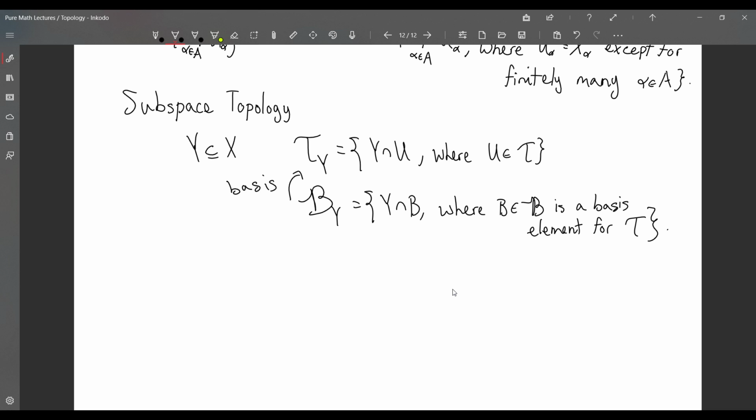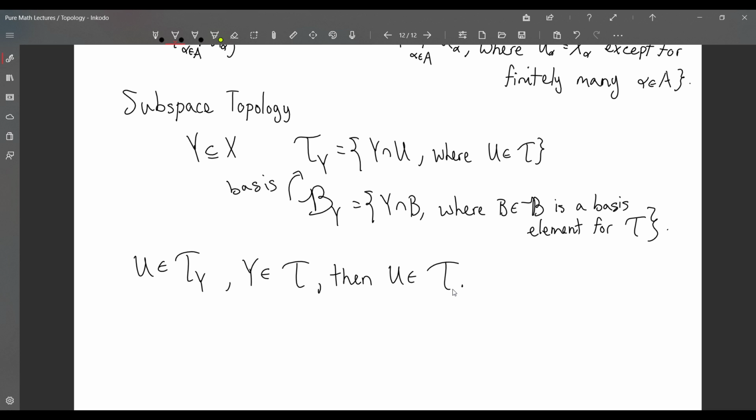You also have some other nice properties, like if U is in T sub Y, so U is an open subset of Y, and Y is in T, so Y is open in X, then U is open in T, right? So openness in an open set carries over to openness in X, essentially.